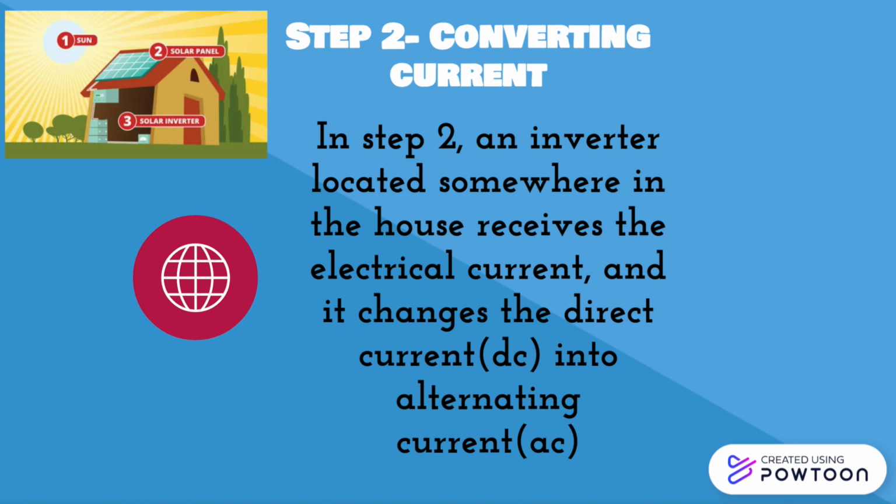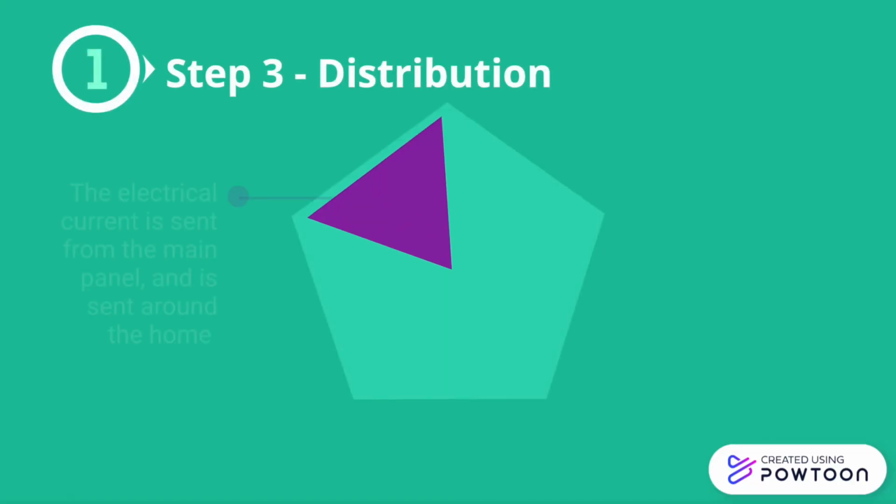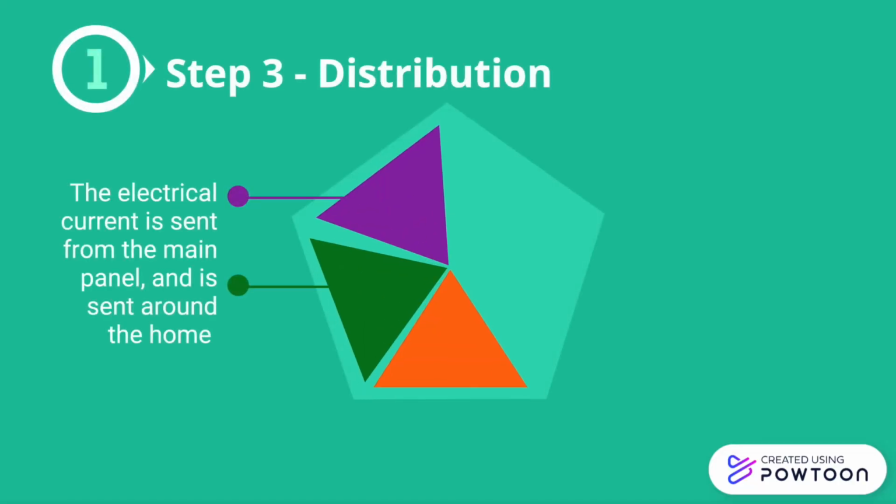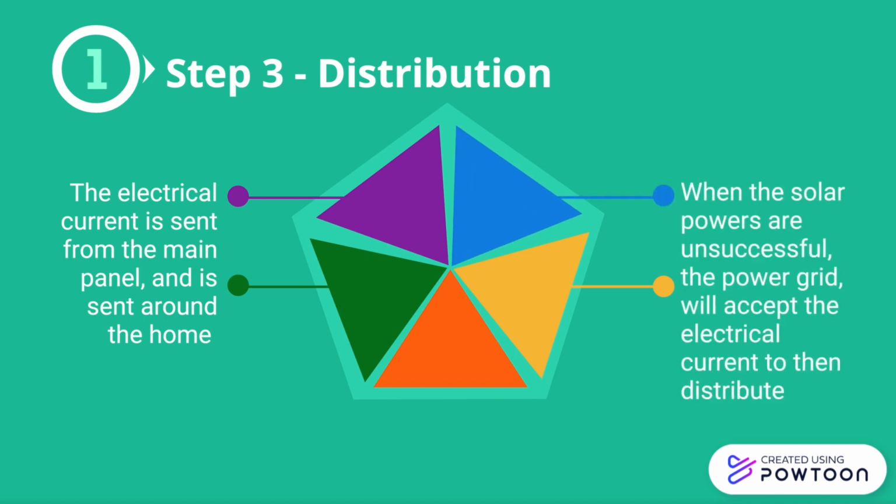So that brings us to number 3, which is step 3, distribution. That's right. The electrical current is sent from the main panel and it is sent around the home. So as the electrical current starts to come into the house, and after it's converted from DC to AC, it starts to be sent to the places in the home where the power needs to be distributed.